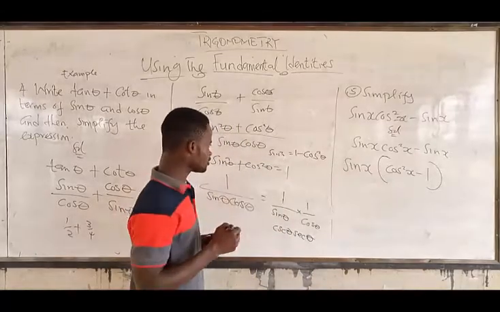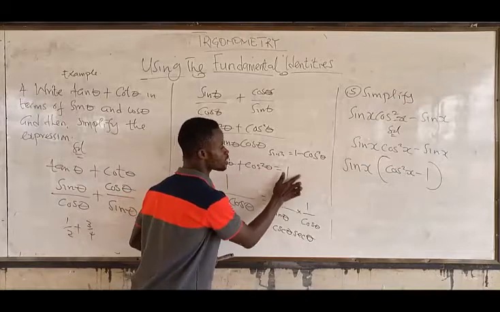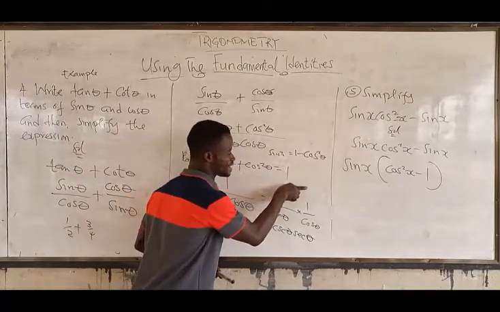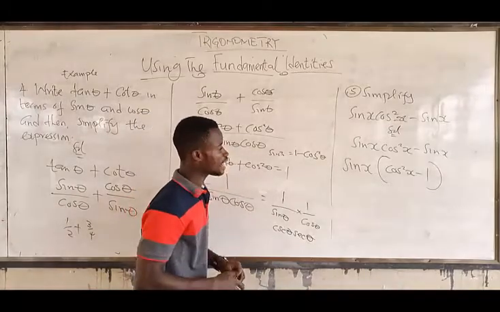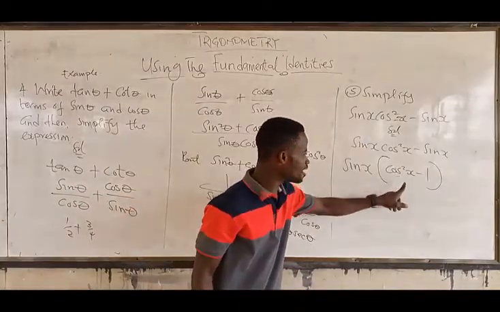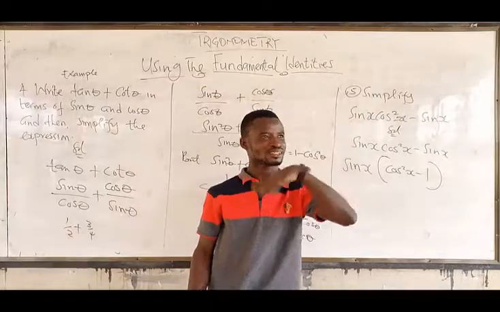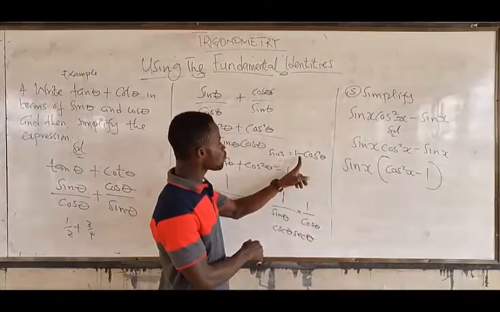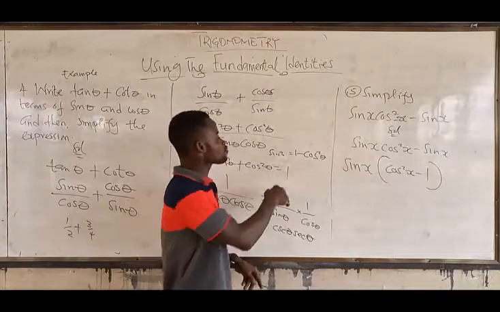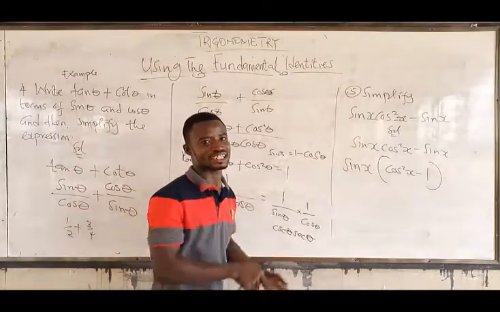I hope you can see that. Can you see that? Because when you move this to this side, this will be 1 minus cos square theta. That will be like a sin square theta. But looking at the inside here, cos square minus 1, this is not going to help us. Because from what we know, the cos square theta should be negated.